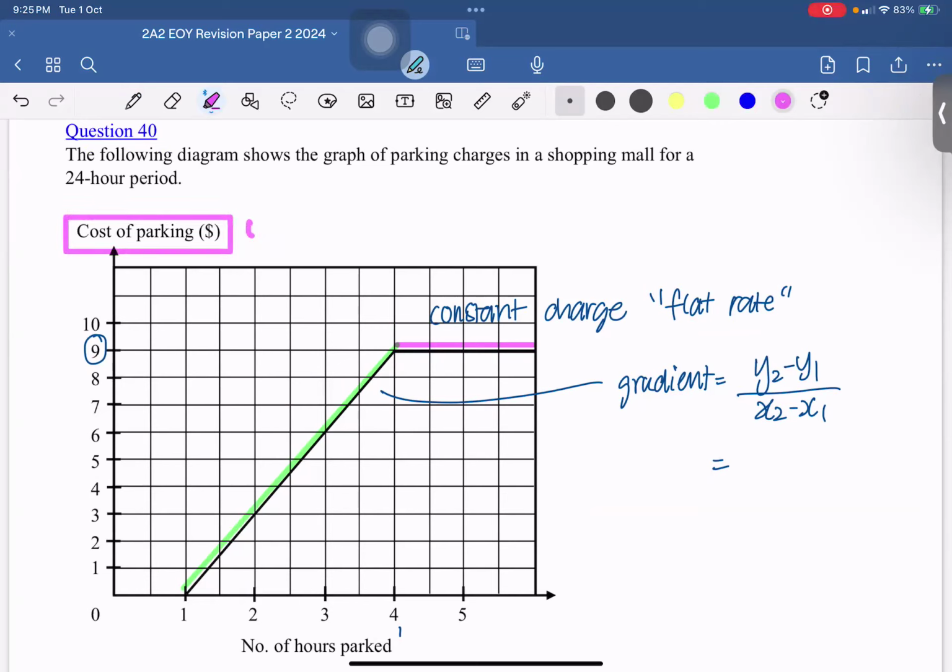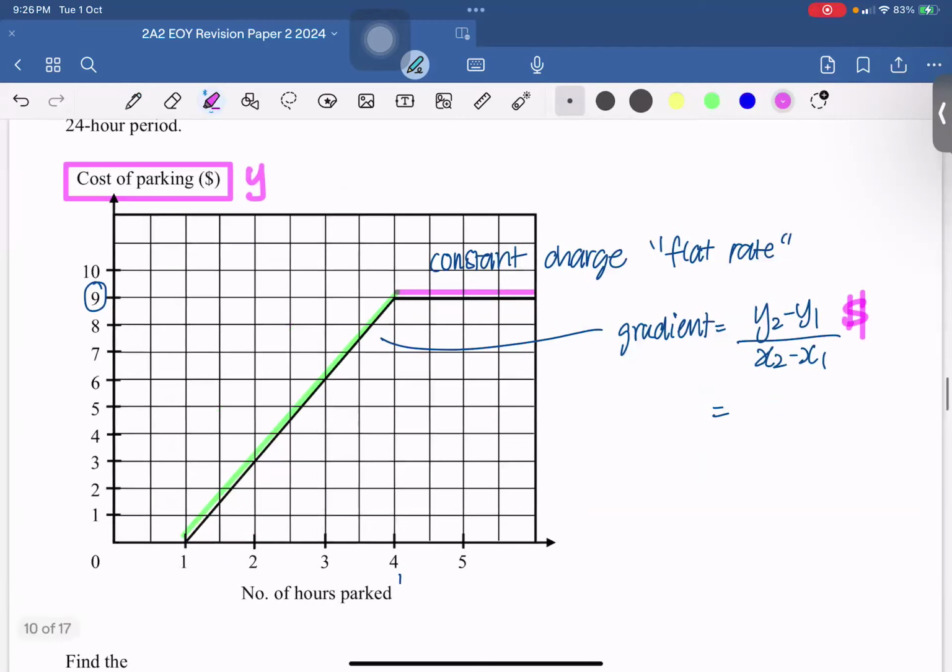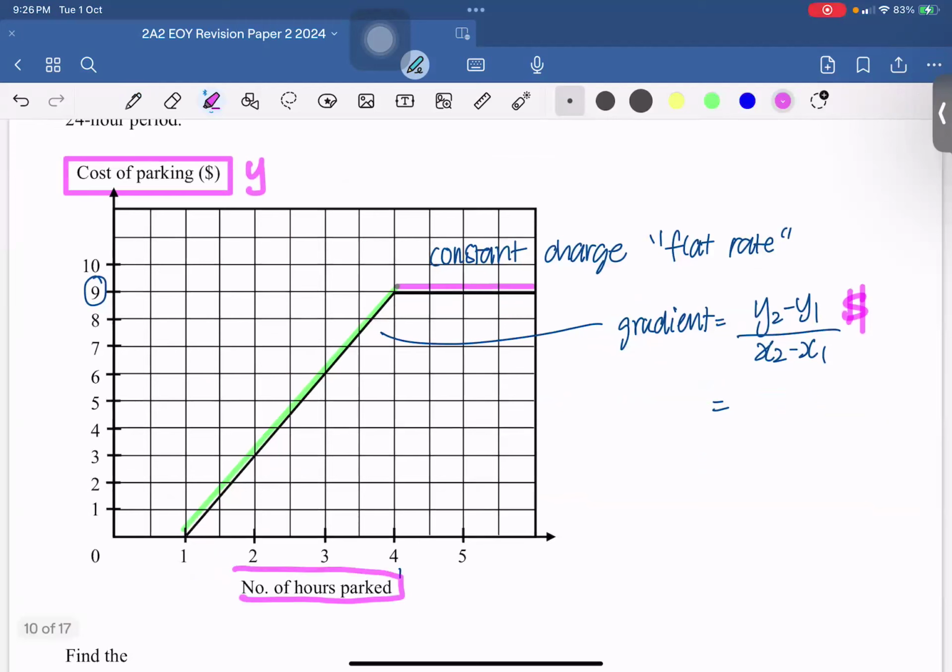Yes, this is the y. The y is in dollars. And for x, the number of hours. This is hours. What does the gradient tell me? More hours, more money. The cost per hour. Okay, so the gradient will tell me the price per hour.